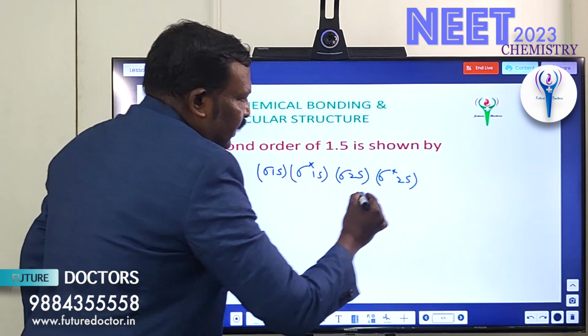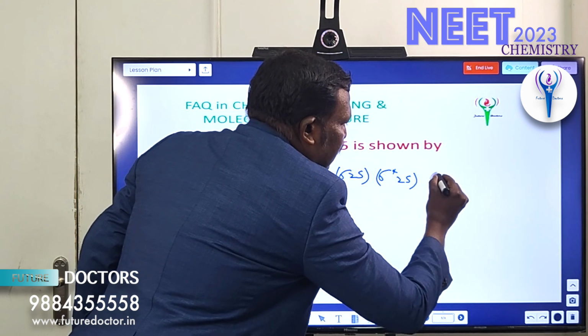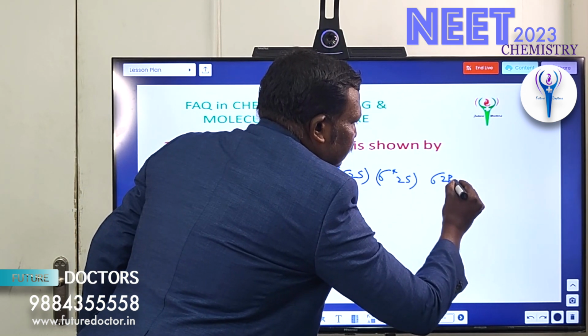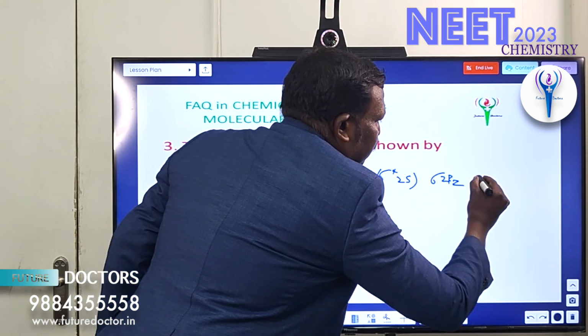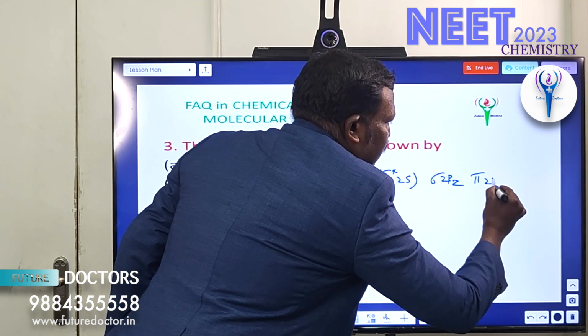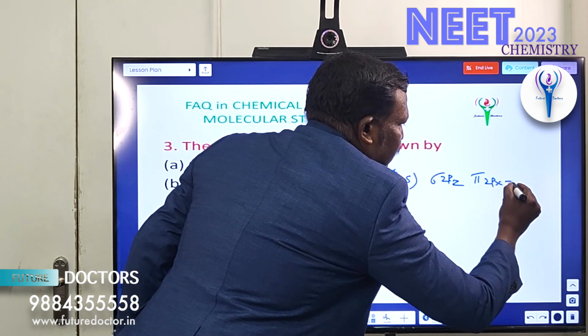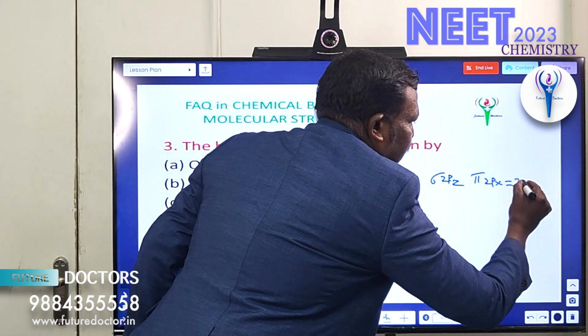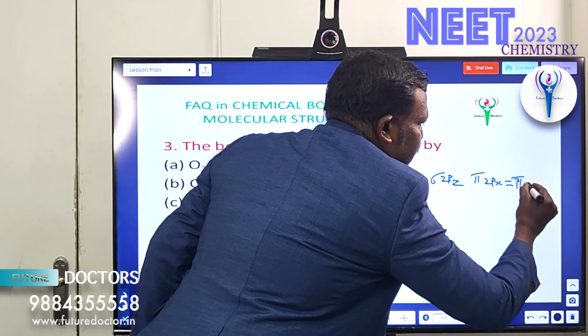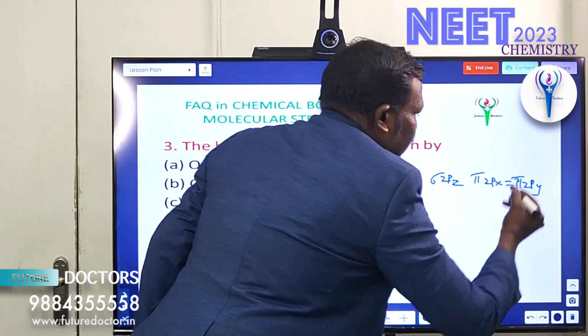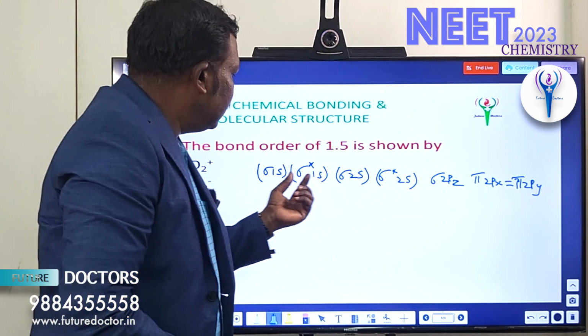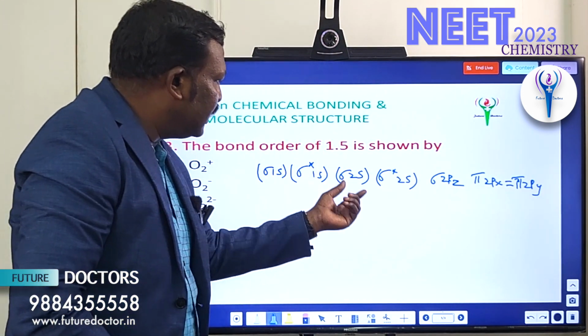Then here sigma 2pz, then pi 2px equal to pi 2py, because the two orbitals have equal energy, then only I put the equal symbol. These are all bonding, antibonding.